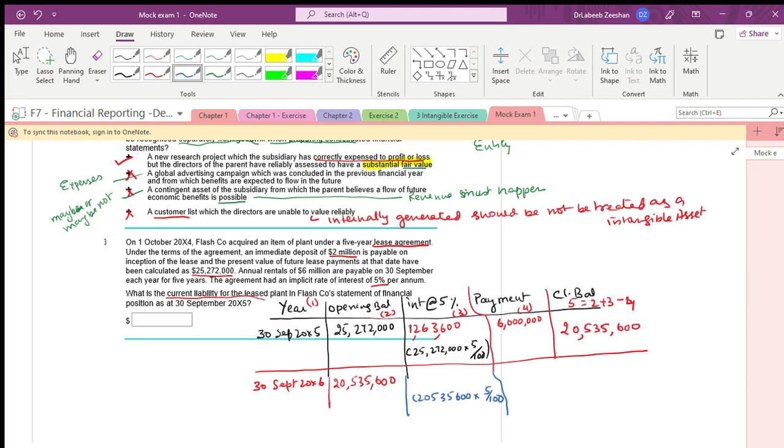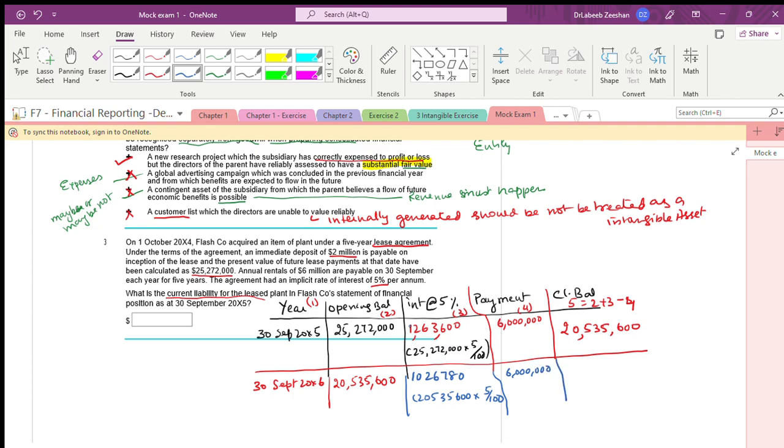Twenty 535 600.05. 1026,780. Is it right? Yes, it's right. How much is there? 6 million.